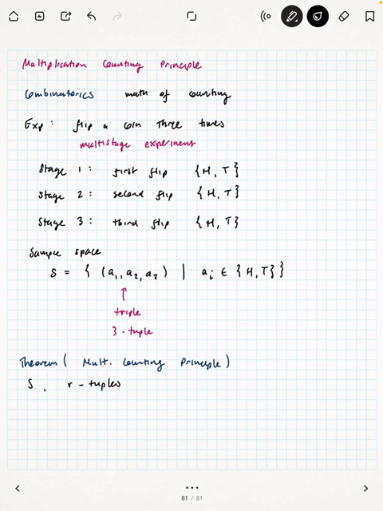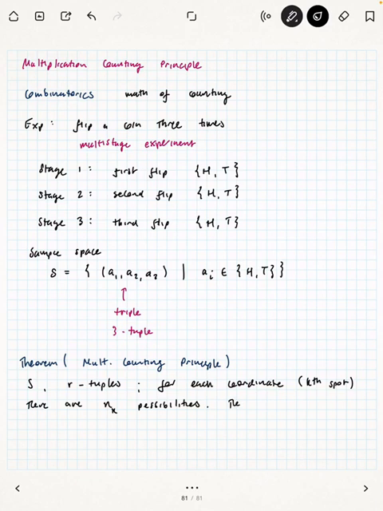A 4-tuple would be a sequence of 4 numbers, etc. And for each coordinate or spot or stage, we might call that the kth spot, there are n sub k possibilities. So in our example, for each one, we had 2 possibilities. So n sub k would be equal to 2. We'll go back to that.